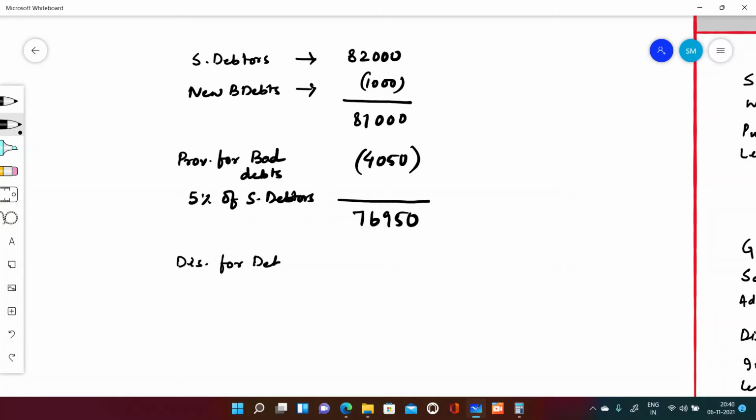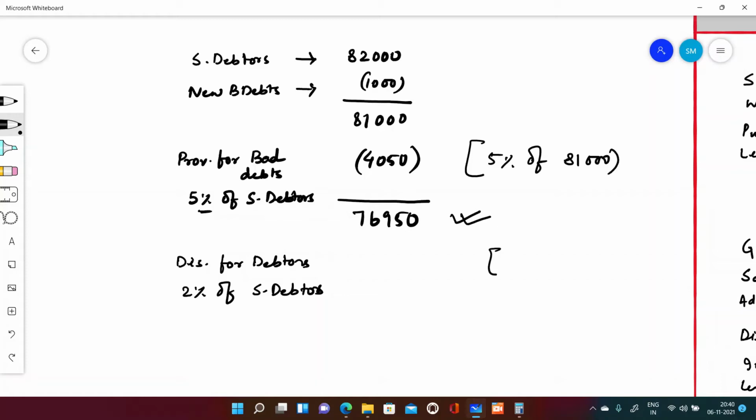So once again you have to calculate that percentage on the present sundry debtors. So 2% of sundry debtors, that is your 2% of 76950. Here we calculated this 5% as 5% of 81,000.